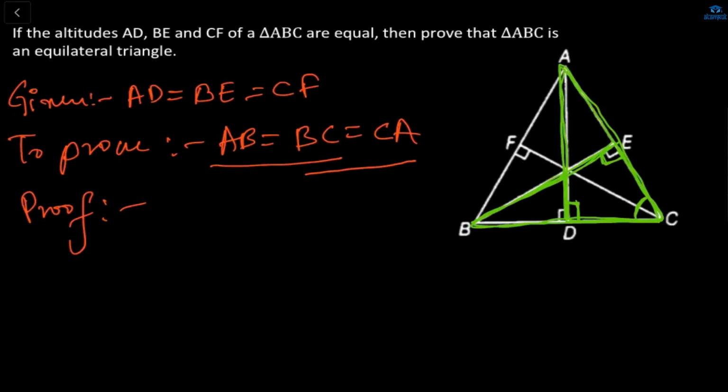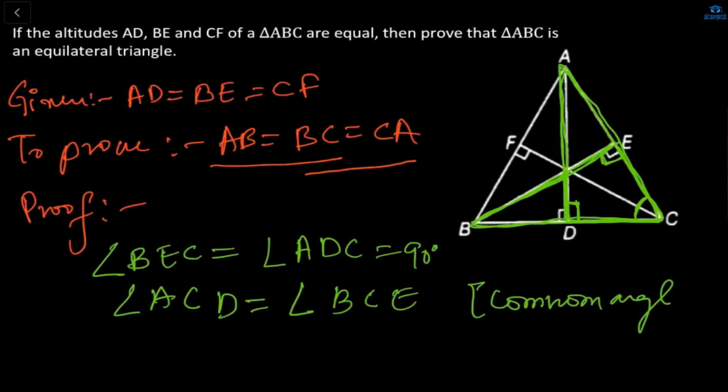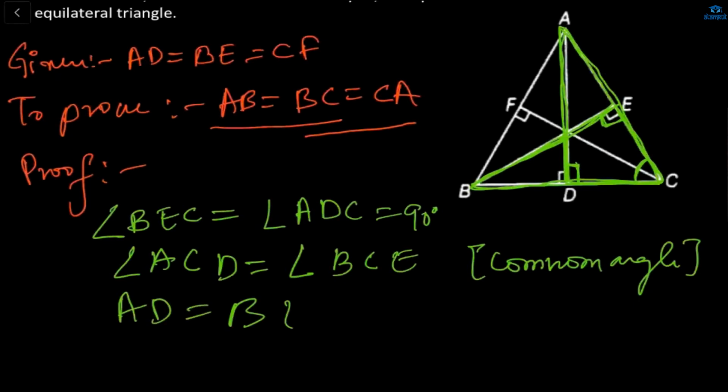So we have two angles and one side. Which side? Wait, I have chosen the wrong triangle. Sorry. Angle BEC is equal to angle ADC is equal to 90 degree. Angle ACD is equal to angle BCE, common angle, and AD is equal to BE, given.